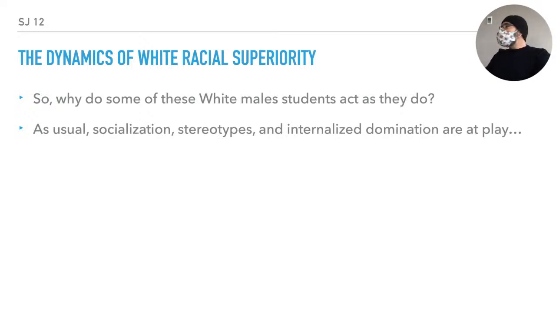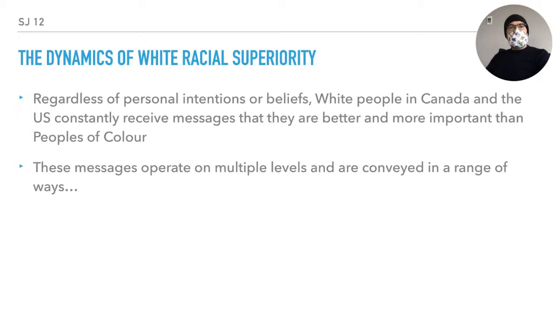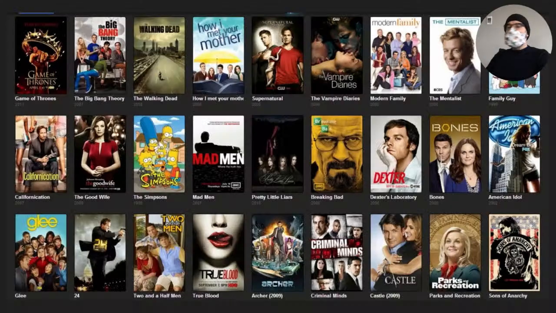But I said, well, why are these guys acting this way? Or more specifically, why does it seem to be white male students behaving in this way and not other students, right? One of the things happening here is that white male students are getting certain messages broadcast to them by society. I suggested that lots of the television and movies we see have white, and often white male, characters at the center of the story.